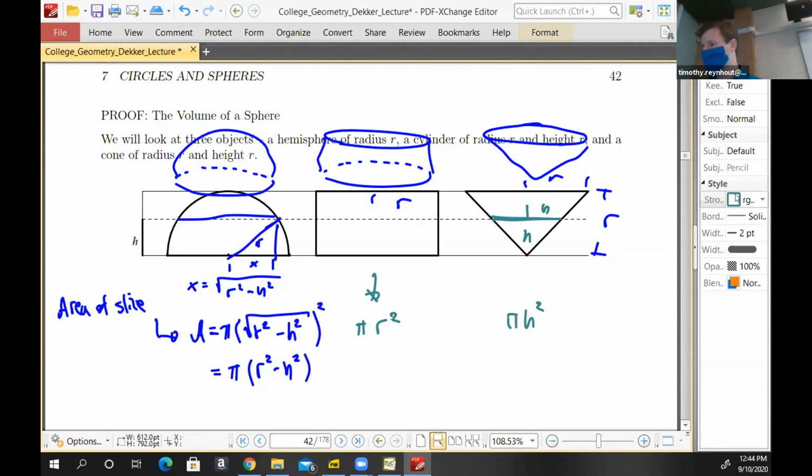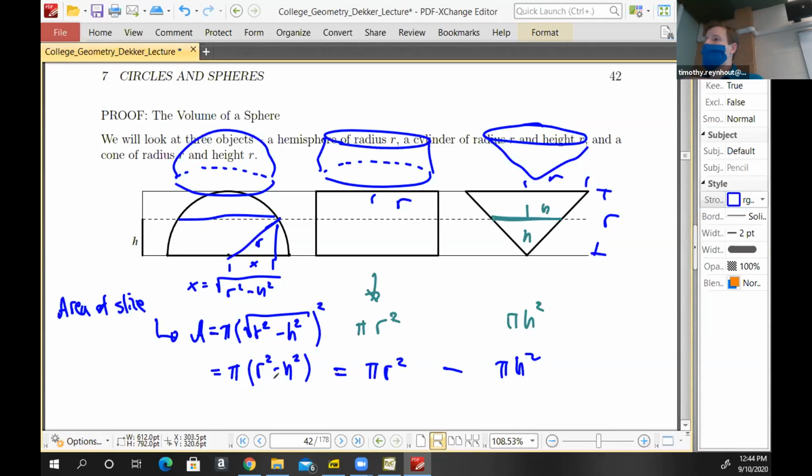And if we pay close attention, we would notice that the area of this disk in the hemisphere is equal to the area of a slice of a cylinder minus the area of a slice of a cone.